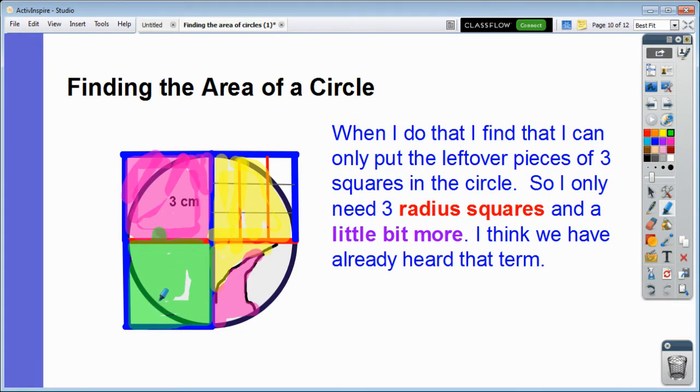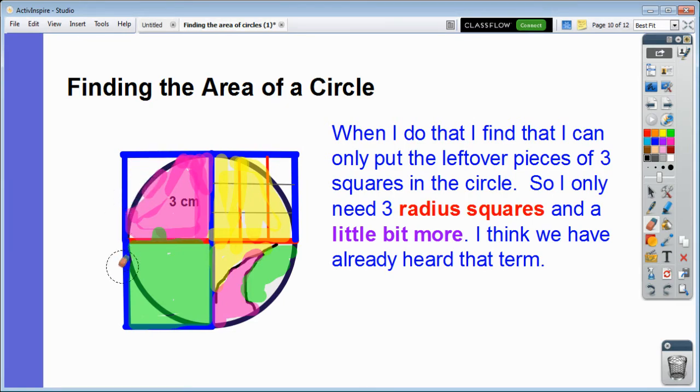And I'm going to put those leftover pieces inside here. I really don't have a whole lot of room left to put another square in. So that means there are 3 radius squares and a little bit more inside that circle.